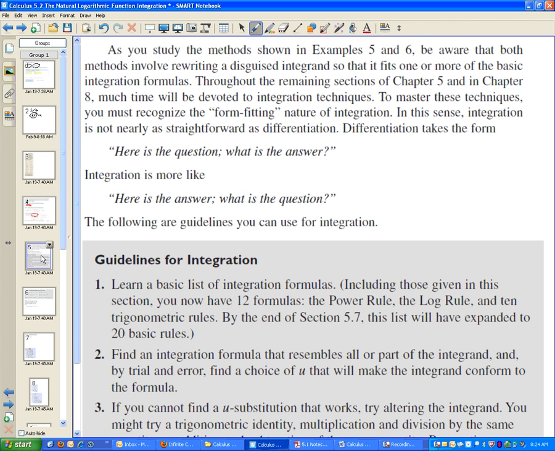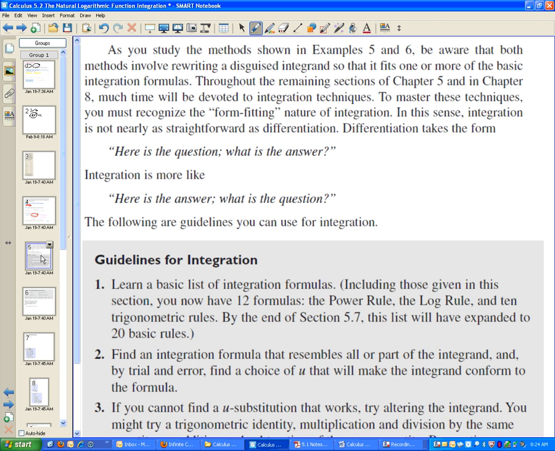All right. This is, see, where did I copy this from? Page 335. As you study the methods shown in examples 5 and 6, but all of them really, be aware that both methods involve rewriting a disguised integrand so that it fits one or more of the basic integration formulas. So we're still having to rewrite things. Doing our change of variable substitution didn't solve everything.